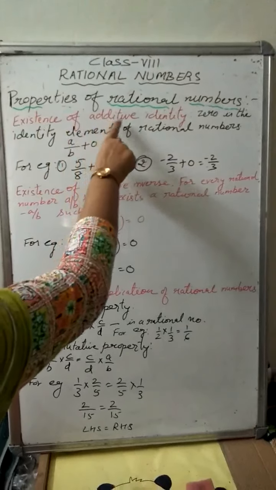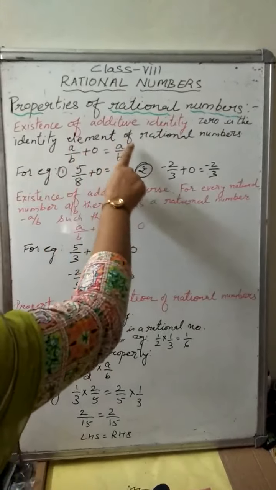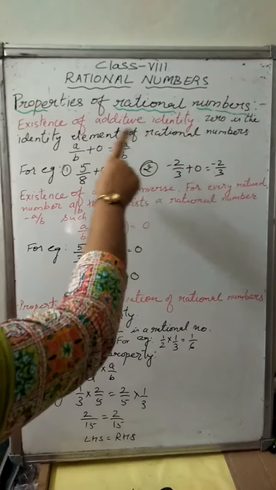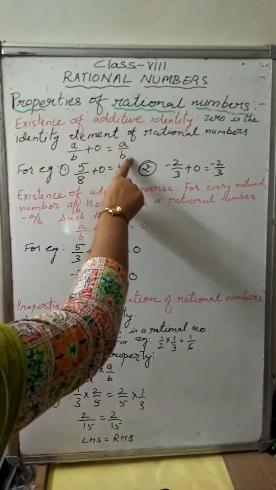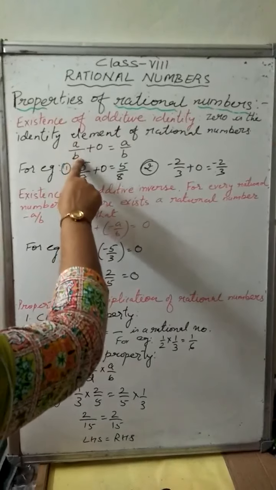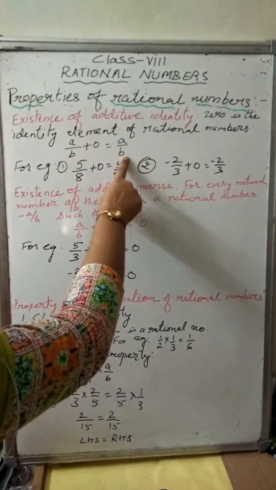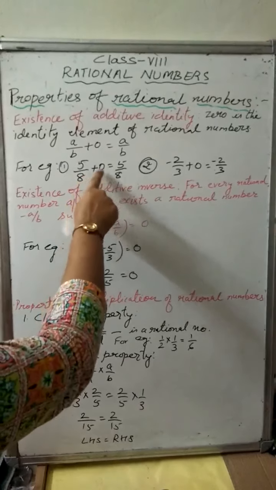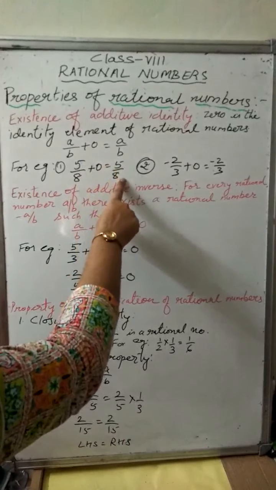Existence of additive identity. 0 is the identity element of rational numbers. That means for any rational number, when you add 0, the result will be that number itself. A by B plus 0 is equal to A by B. Another example, 5 by 8 plus 0 is equal to 5 by 8.